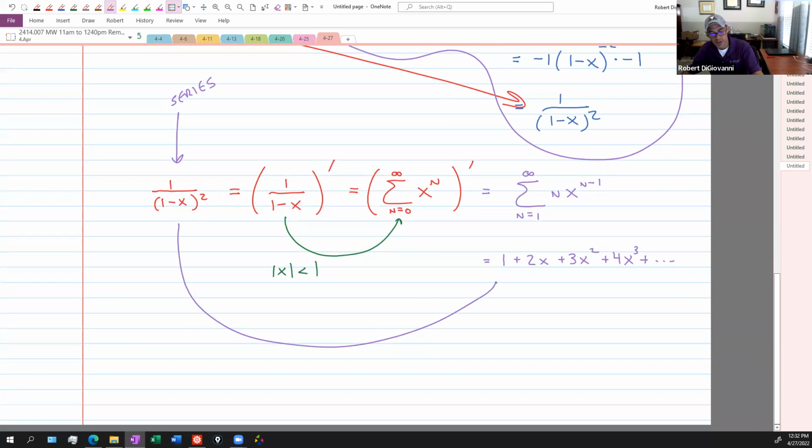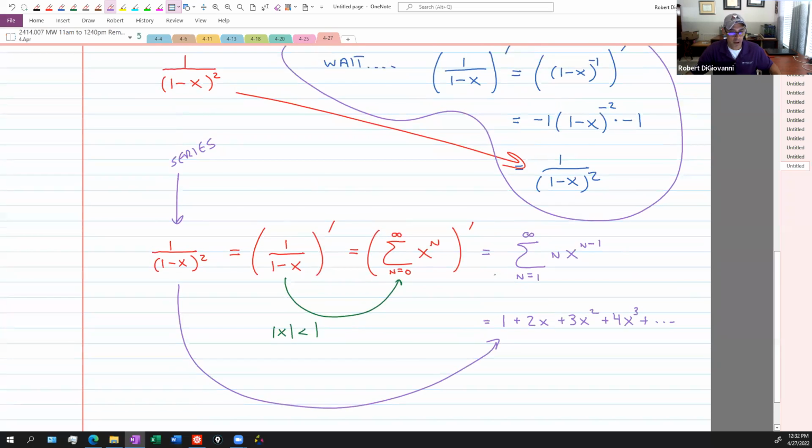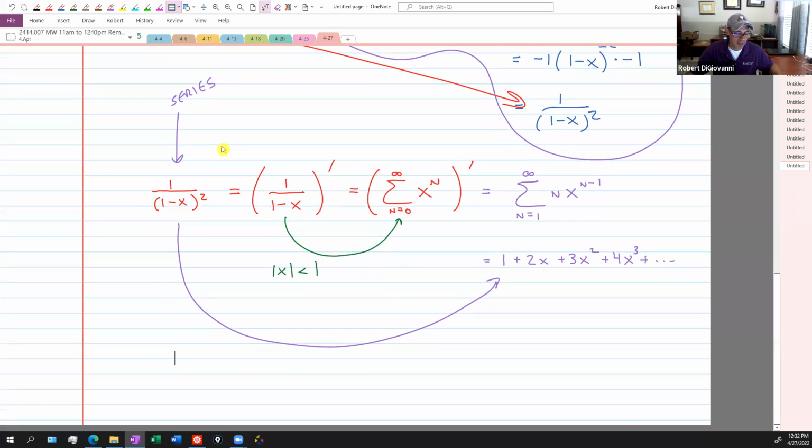That is the power series of that. I had to recognize that this is the derivative of this, rewrote it as its series, took its derivative, and then that must be what that is.